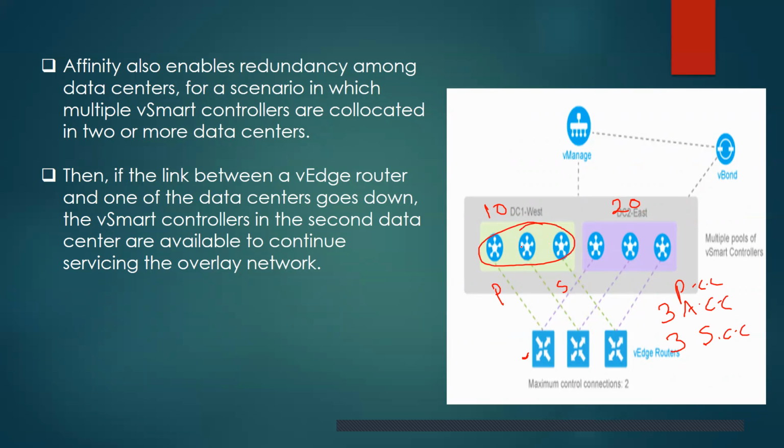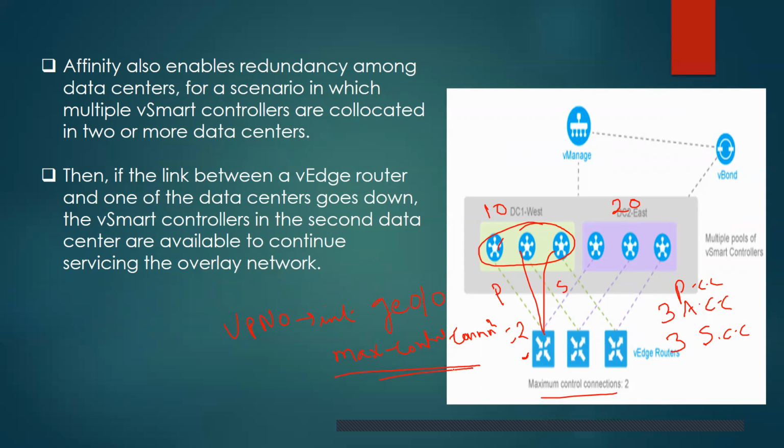And someone may ask, okay, you have three vSmart, do you have only one connection with each vSmart, or may you have three connections with a vSmart? Again, that also we can limit. If you go to the VPN 0 interface, inside the interface we have one command, max-control-connections. If you go there and give a limit of 2, that means it will form only two control connections over that particular interface.